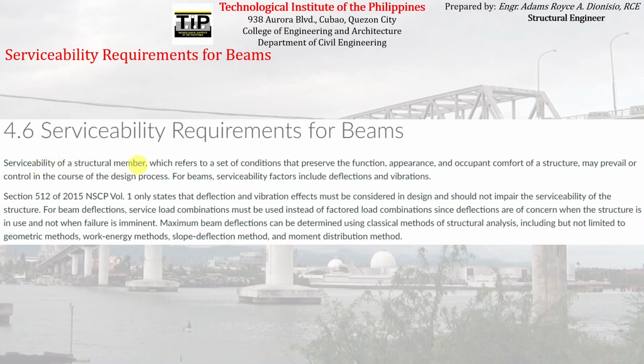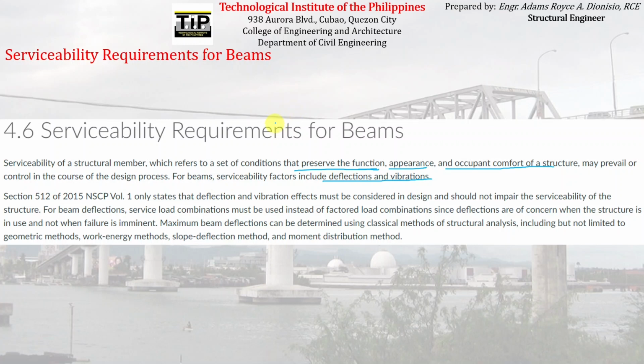Serviceability of a structural member refers to a set of conditions that preserve the function, appearance, and occupant comfort of a structure, and may prevail or control in the course of the design process. For beam serviceability, factors include deflections and vibrations. So that is what we mean when we say serviceability requirements or serviceable.